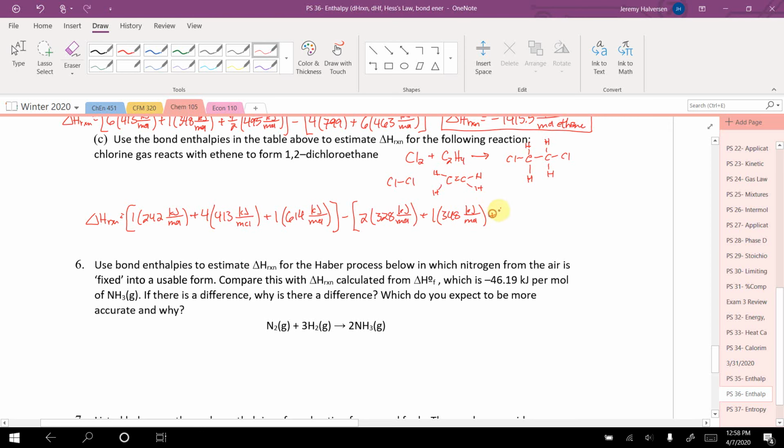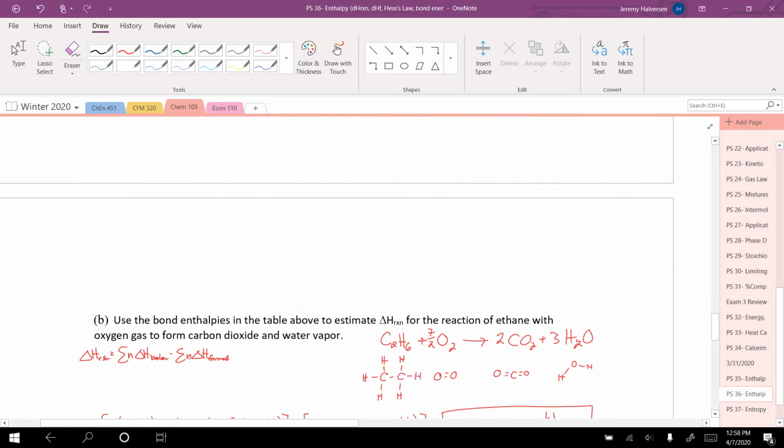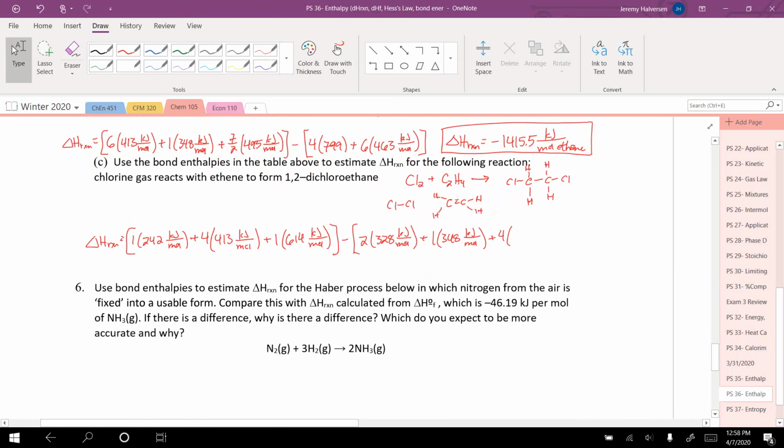And we've got 4 CHs, which are each 413. Broken minus formed. That's how we do bond enthalpies.